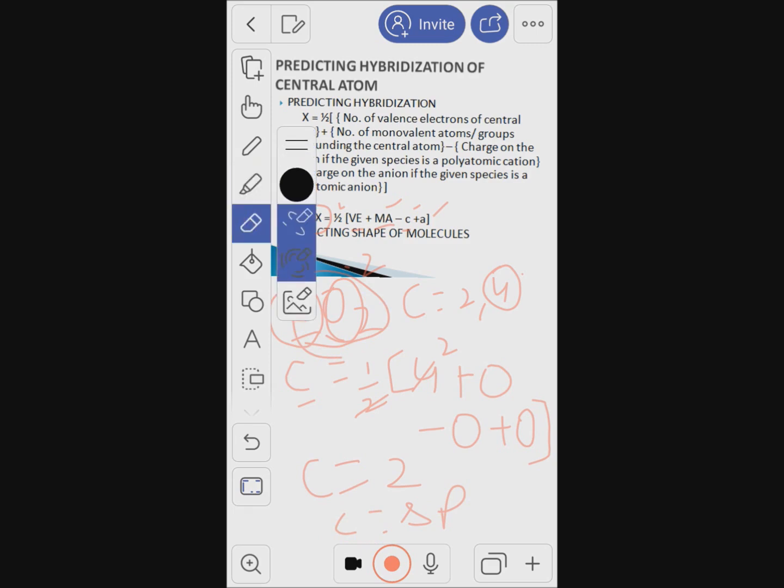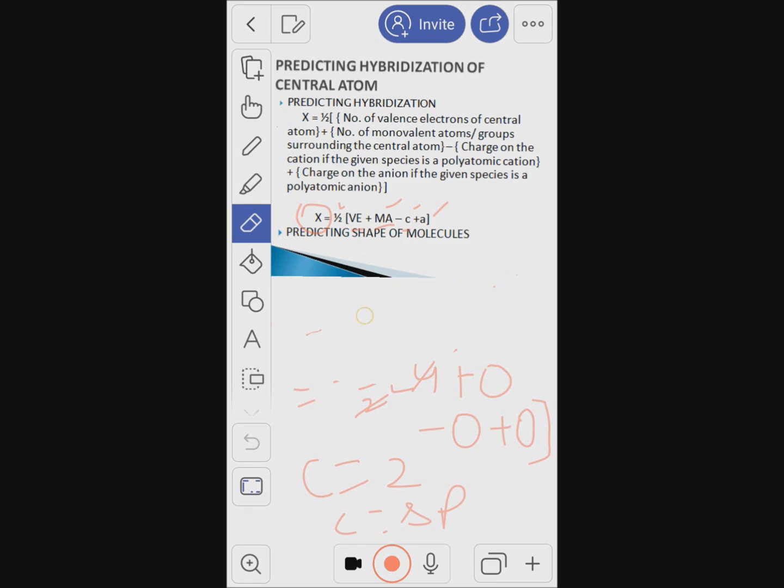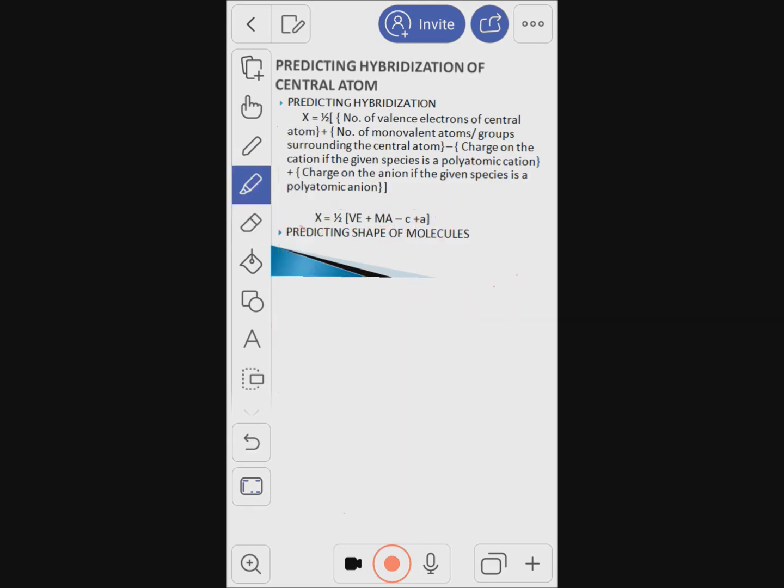Now let us take another example for more illustration. For example, BF3, boron trifluoride. In case of boron trifluoride BF3, boron is the central atom.